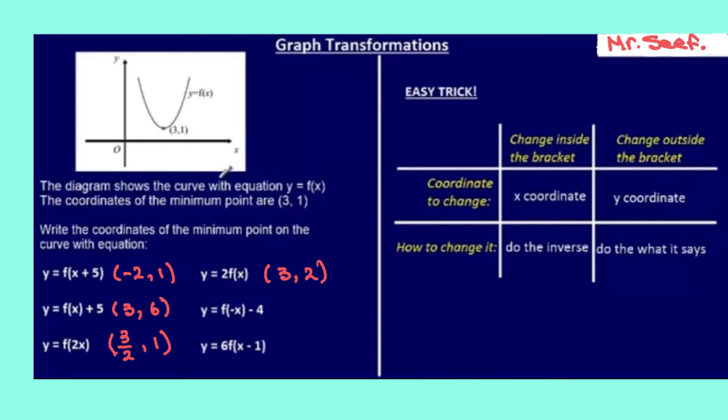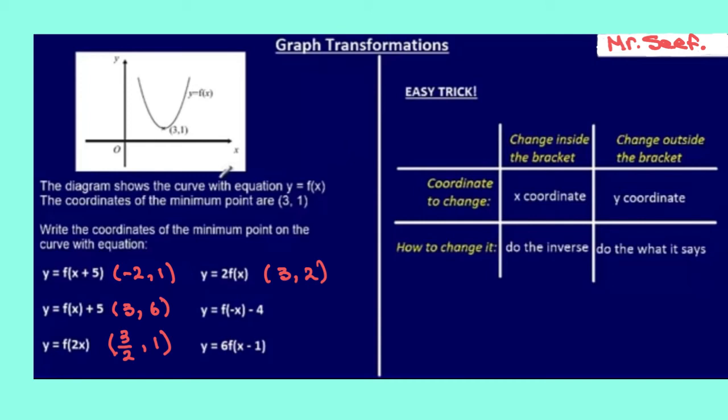In the next one, we have two transformations taking place both at the same time. We've got -4 outside the bracket, and we've got multiply by -1 inside the bracket. That means we're going to change both the x coordinate and the y coordinate. So we'll do them individually. So inside the bracket, that means we change the x coordinate and we do the inverse.